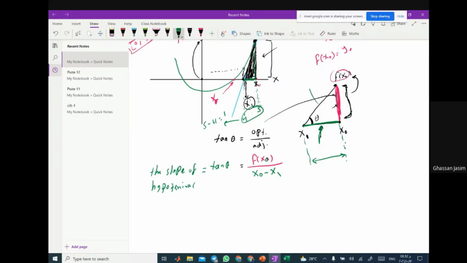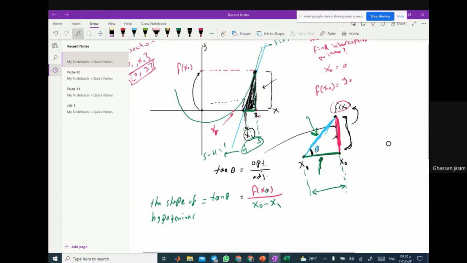This is the hypotenuse. In which color? Let's say this color. Tan theta means the slope of this line. Okay. How could I calculate the slope of this line?